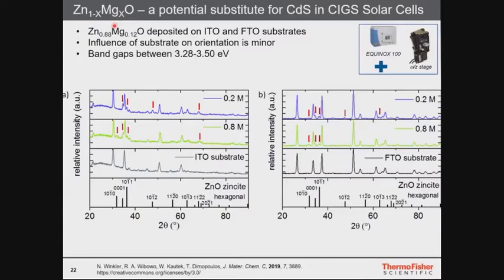But in this diffraction pattern, you can see that there is very little influence on the orientation coming from the substrate for both substrates. The purpose of this study was to control the band gap of this material, and by varying the magnesium content, you can vary the band gap between 3.28 and 3.5 electron volts.